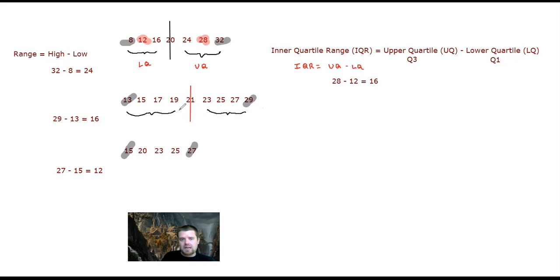Just like we did with median, if we have two numbers that are in the middle, in this case, on the lower quartile 15 and 17, and in the upper quartile 25 and 27, we're going to take the average of those two. Add them and divide by 2, or if you can do the mental math, what number's in the middle? In between 15 and 17, that's 16. In between 25 and 27, that's 26. So to find the IQR here, I would be doing 26 minus 16, which would give me 10.